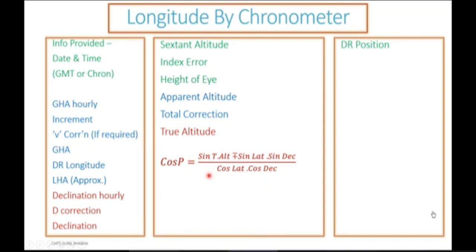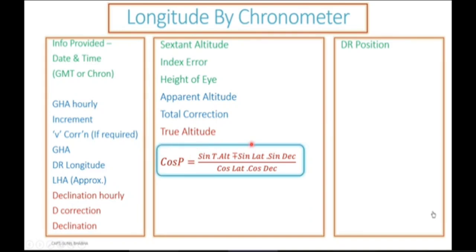So you can see in this formula, all the terms on the right hand side are known to us. With all these terms known, we put them into the formula, and with a single step calculation in the scientific calculator, we will be able to obtain the value of P. So we calculate the value of P using this formula.